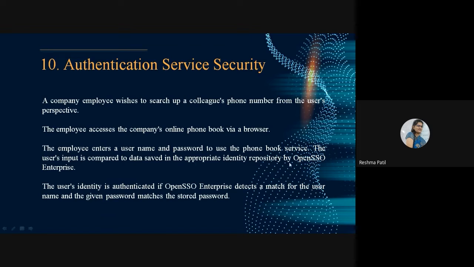The user's identity is authenticated if OpenSSO Enterprise detects a match for the username and given password. If there is a match, he is the valid user and is allowed to use the phone book. If no match is found, then he is not allowed to access that phone book.